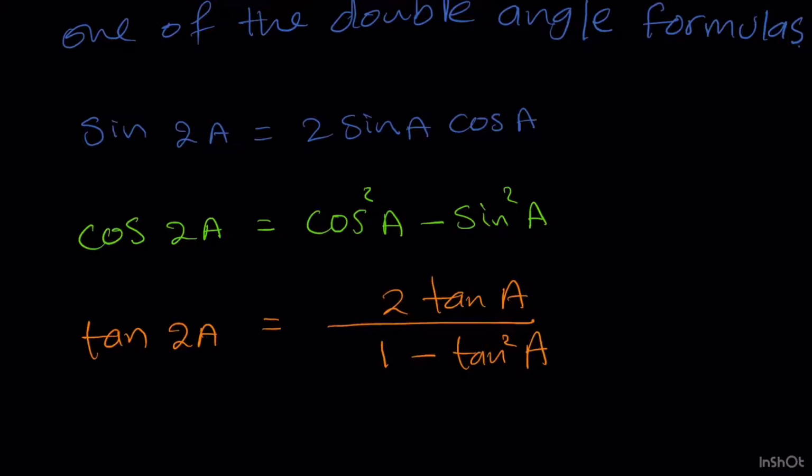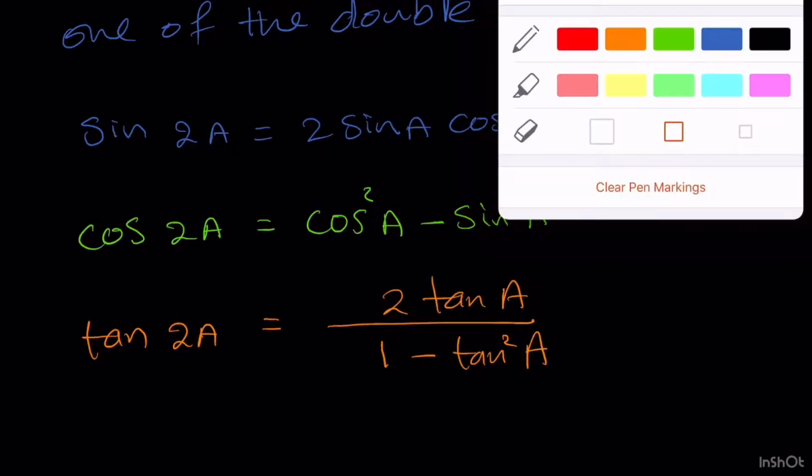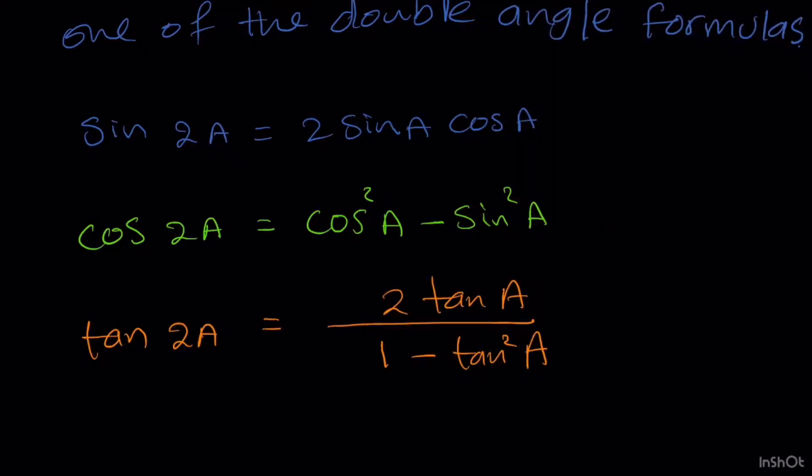Also, just to let you know, the green one, for cosine 2a, has different forms depending on how we arrange it. So cosine 2a is cosine squared a minus sine squared a, and by rearranging we can also get cosine 2a is 2 cosine squared a minus 1. That's in the book, and maybe I can show you in the slides.